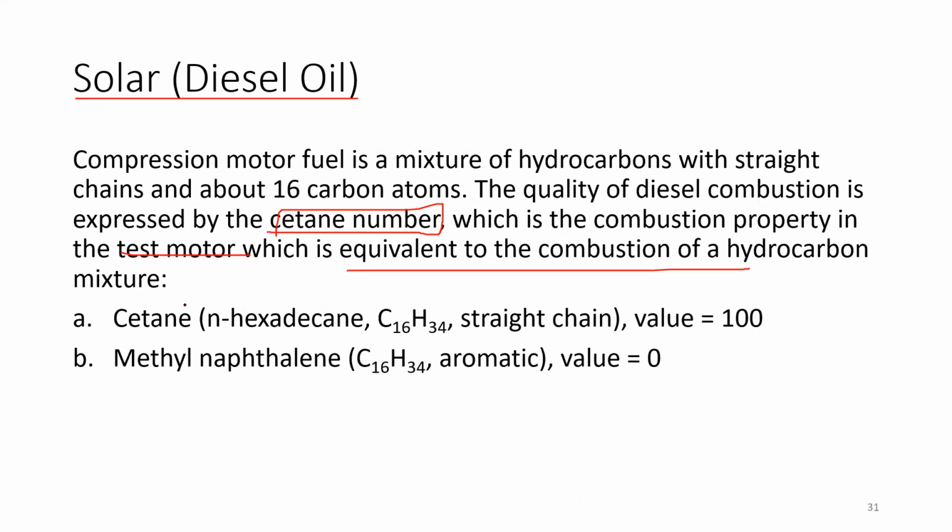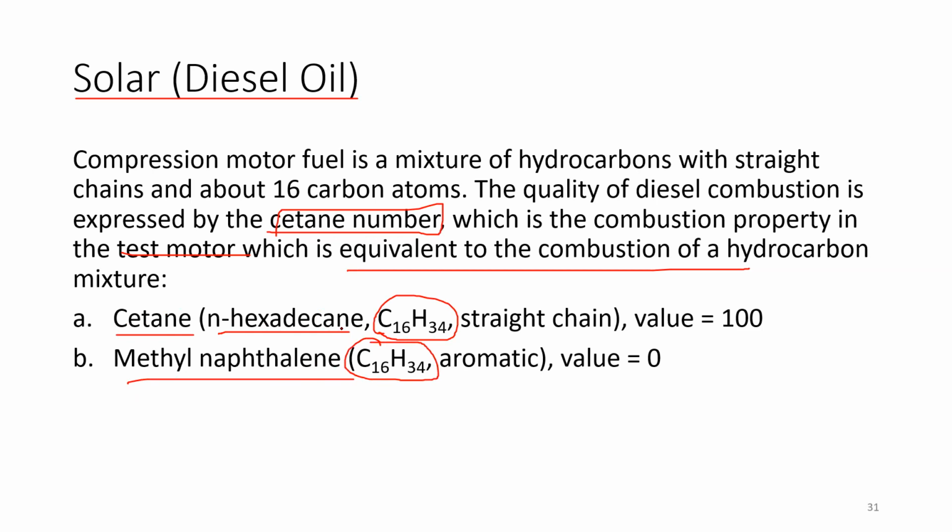So there are two compounds in here. Previously in the octane number we had I-octane and N-heptane. In here we have cetane, or we call it N-hexadecane, and methyl naphthalene. Both of them, if we write down the chemical formula, are the same, C16H34.